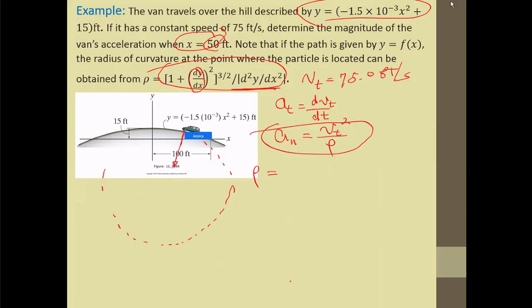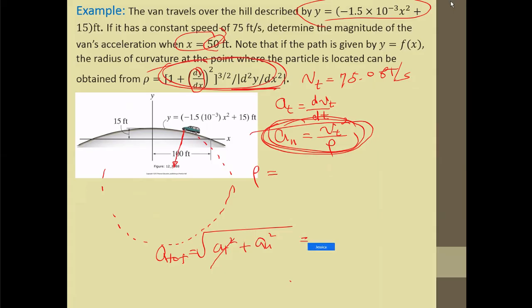A sub n is the same as total acceleration. So I want to find the radius of curvature and calculate a sub n, and the total acceleration is the square root of a sub t squared plus a sub n squared, because a sub t is 0. This is the same as a sub n. I want you to do that by yourself.